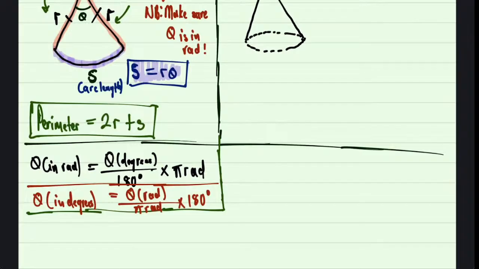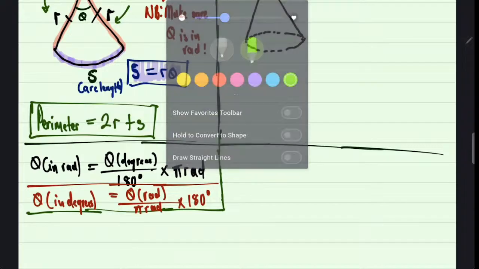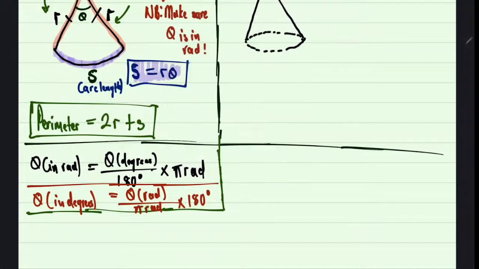Now you'd have done well. So listen, class. You divide what you don't want. You don't want rad, so you divide by pi rad, then you multiply by 180 degrees. Here you don't want degrees, so you divide by 180 degrees, then you multiply by pi rad. This is how it works.